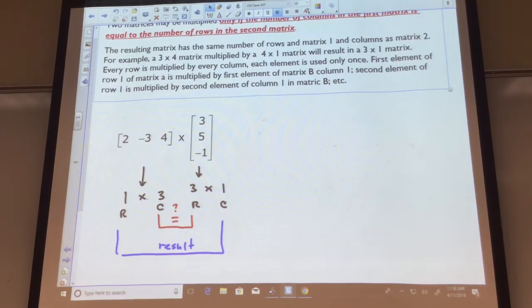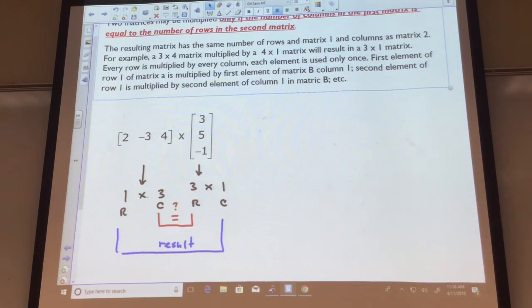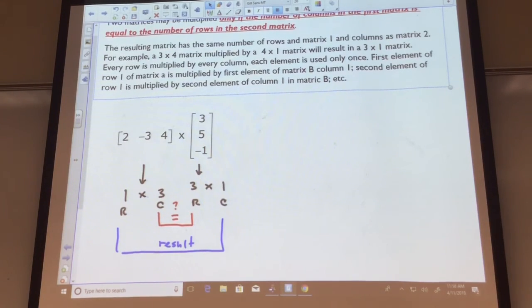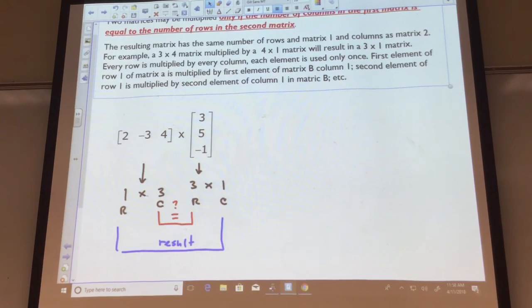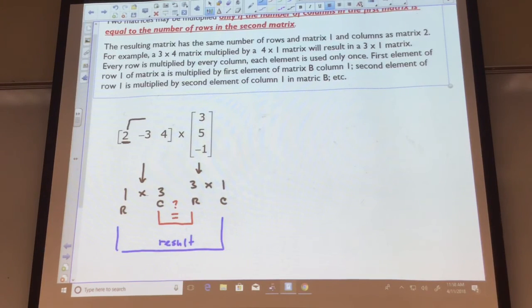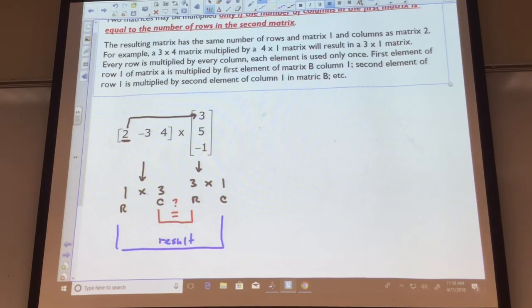All multiplications are rows by columns, regardless of how many rows and columns you have in your matrix to begin with. You just keep repeating that operation until you've multiplied everything. The first one's an easy one because we have only one row and one column. So that means the first element of matrix A is multiplied by the first element of matrix B. First element of the row is multiplied by the first element of the column.